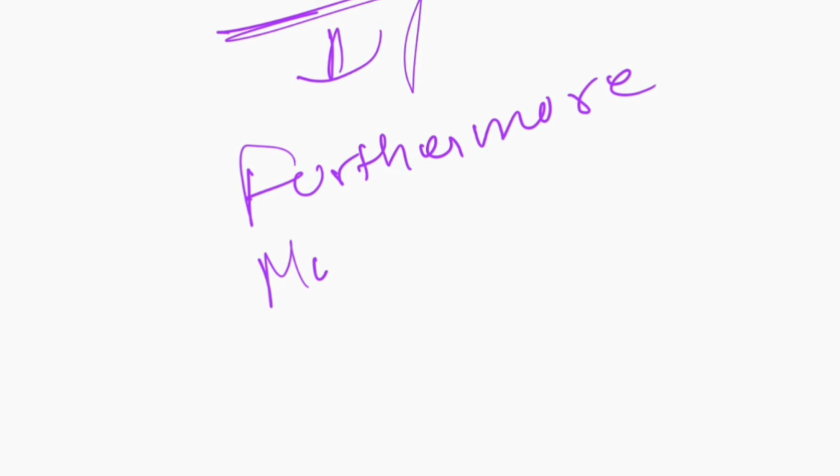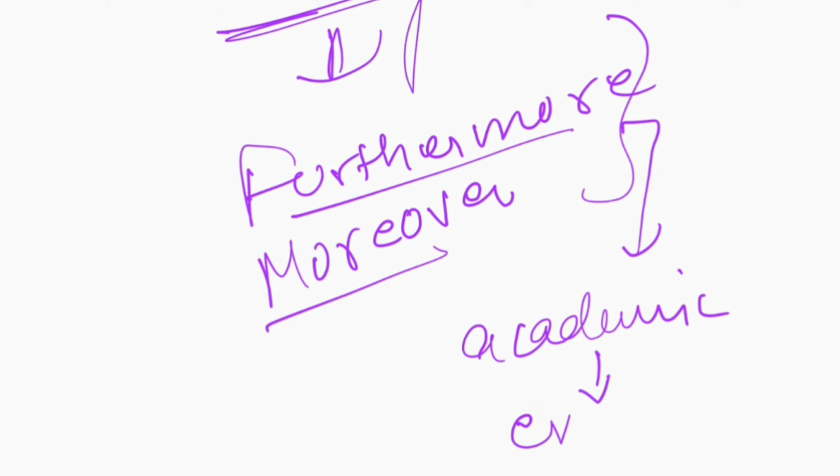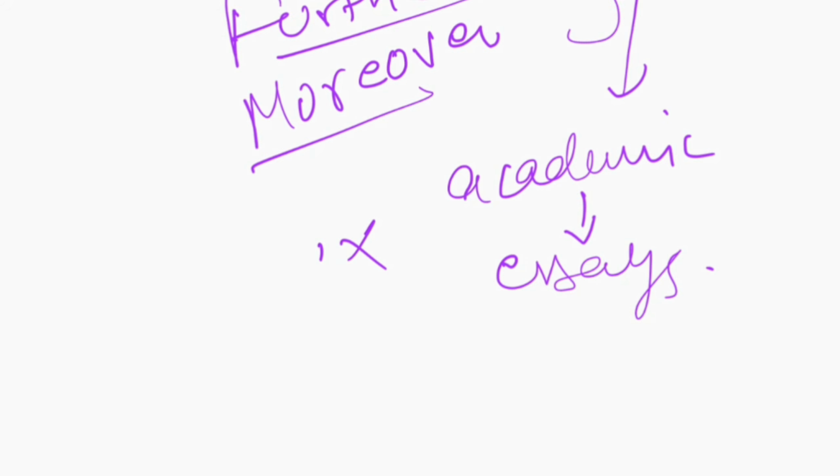So yeah, and there's one more thing I'd like to add here, which is using linking words. It is important that we do not use linking words such as furthermore or moreover and words like that, because these are academic words and they can be used in essays, but they should not be used while writing a letter.